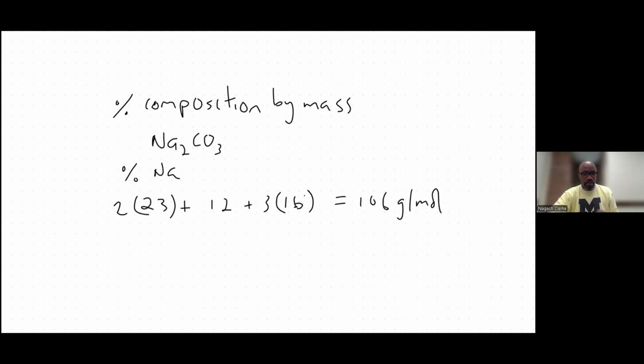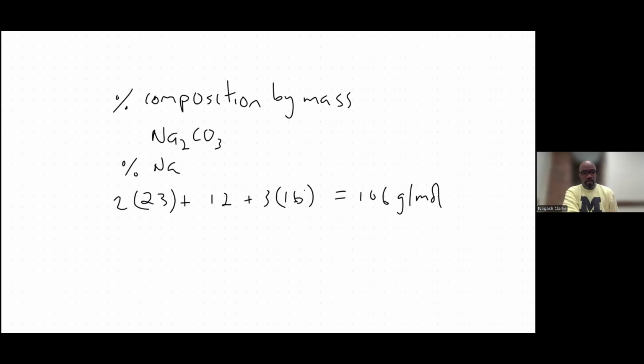So we have to really know our chemical formulas in order to do well on these types of questions. Now, according to our formula, the percent of Na is going to be the molar mass of sodium times 2, over the molar mass of the overall compound, times 100.